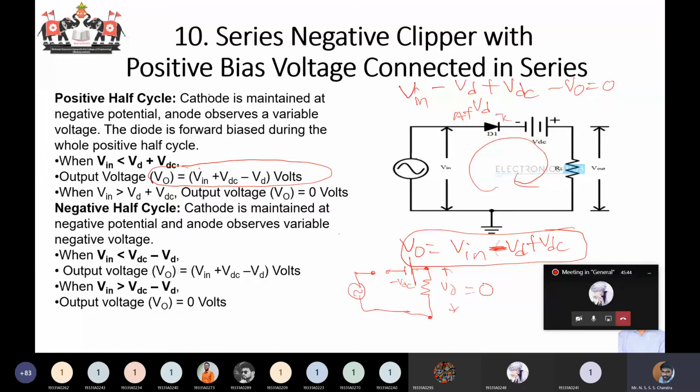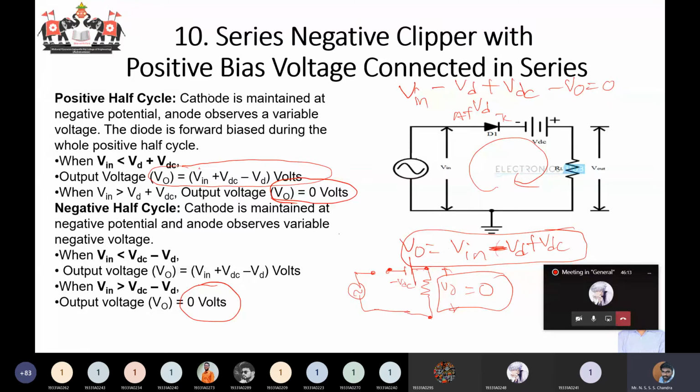So V0 will still be equal to 0. Because if this VDC had been connected to the ground, then it might be parallel to the load, and you could say that V naught equal to VDC. However, here the other terminal of VDC is open, so it cannot have any impact on the output voltage. So your V naught will remain at 0 volts. Okay, so that is when the diode is not conducting.